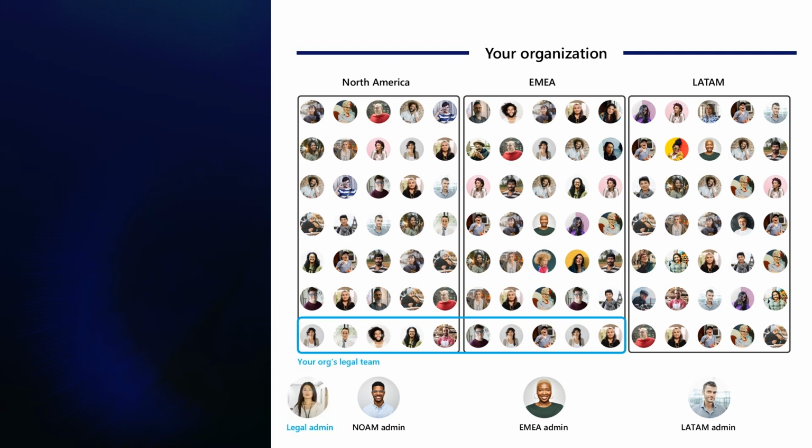Like as an example, your org's legal team may have some users they need to manage or groups they need to manage in North America and EMEA. An AU can actually cut across other AUs too. It would just be a 4th admin unit. Okay. So you can break your organization up in the way that makes sense to you and for management purposes.